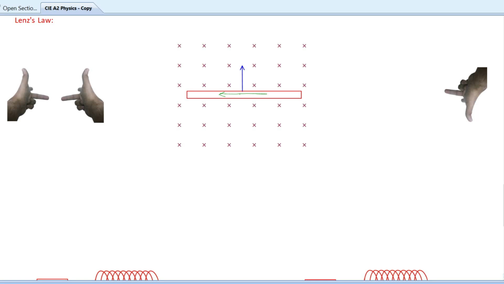If you use Fleming's left-hand rule now, you will find that if there is a magnetic field pointing into the page and there is a current to the left, there will be a force downwards. So you have a force, this is a magnetic field into the page, and the induced current is to the left. So this means while moving the wire upwards, the wire will experience a downward force opposite to the motion.